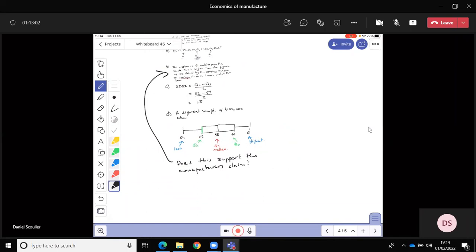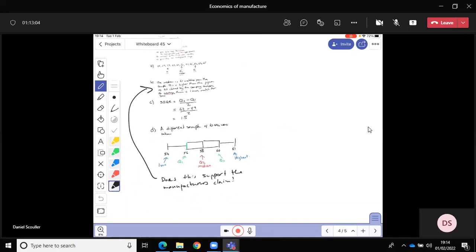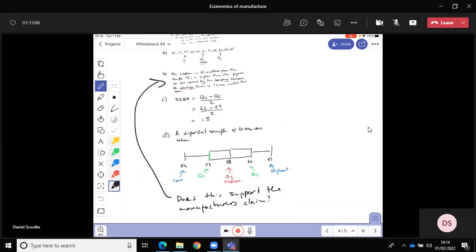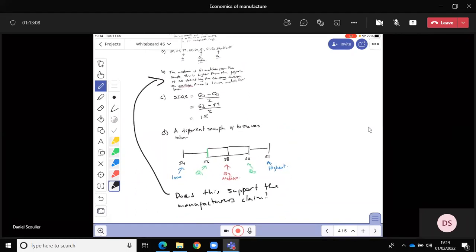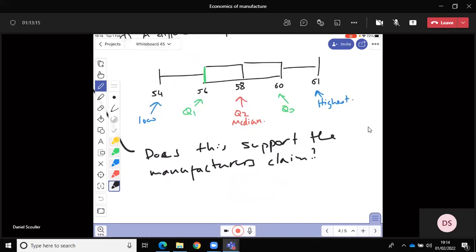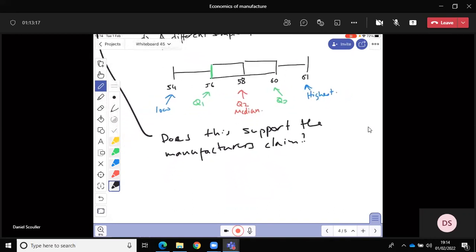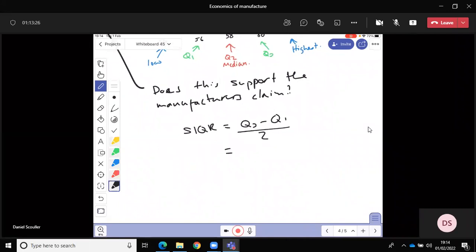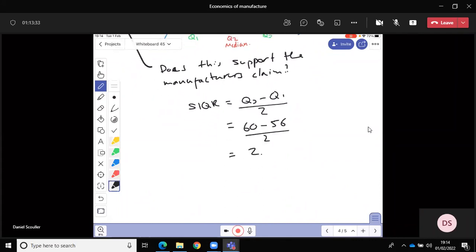That whole thing is worth 6 marks. It doesn't ask you to compare the semi-interquartile range. If there was anything about the semi-interquartile ranges, you just work out the semi-interquartile range for this one, which would be 60 minus 56, over 2, so that would be a semi-interquartile range of 2.